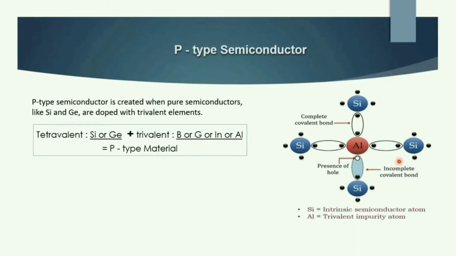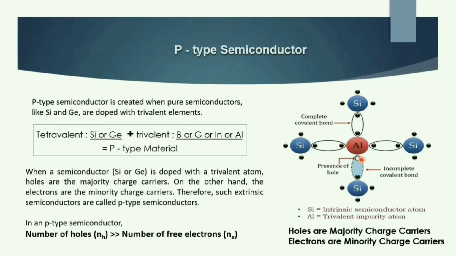As you can see in this diagram, with each trivalent element atom there exists one hole. So, with the increase in doping, the number of holes in such material will increase. Hence, P-type materials have more number of holes as compared to free electrons.